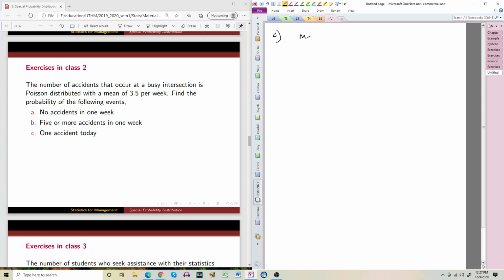So just now the mean was 3.5 for 1 week, which is 7 days, eh? Now one accident today means one day. How does 7 become 1? You have to multiply by this.